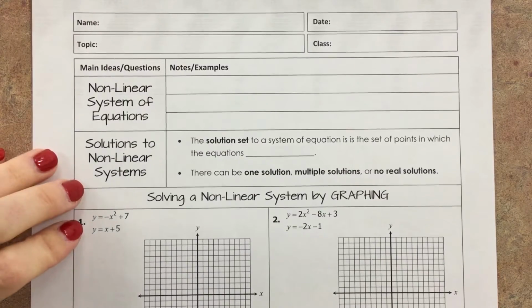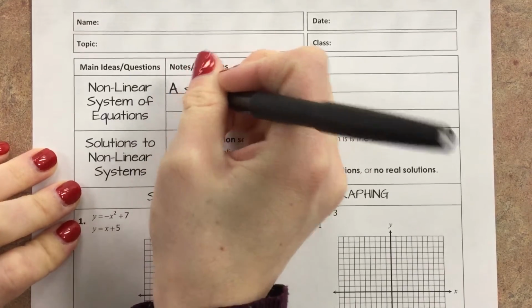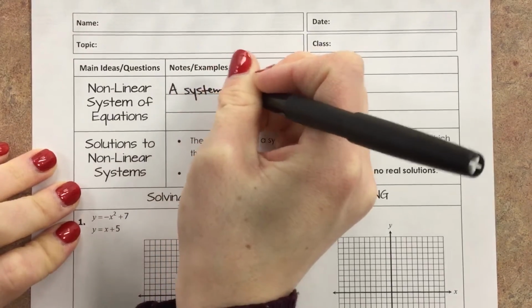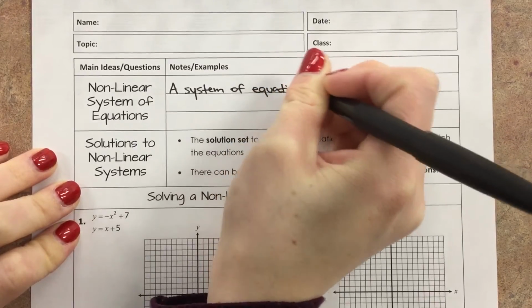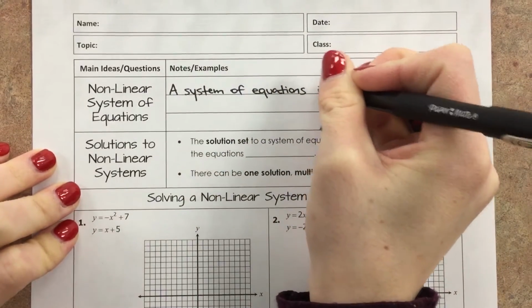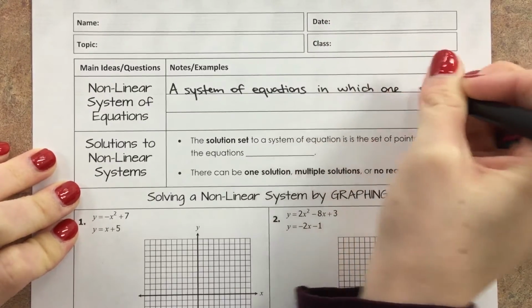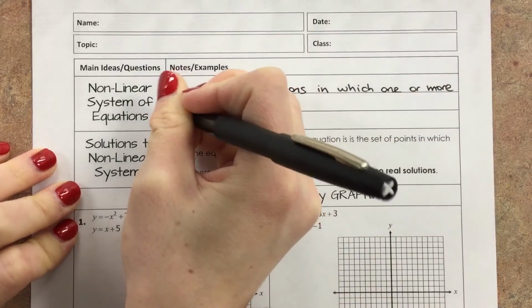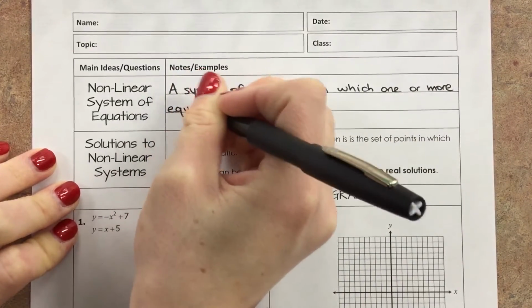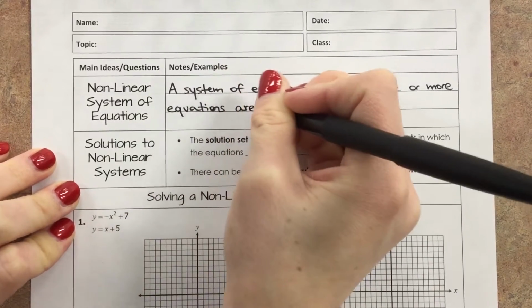So just a quick definition, a nonlinear system of equations is a system of equations in which one or more equations are not linear.